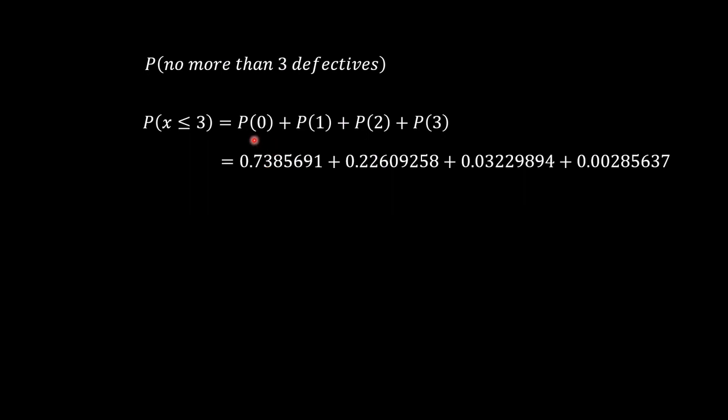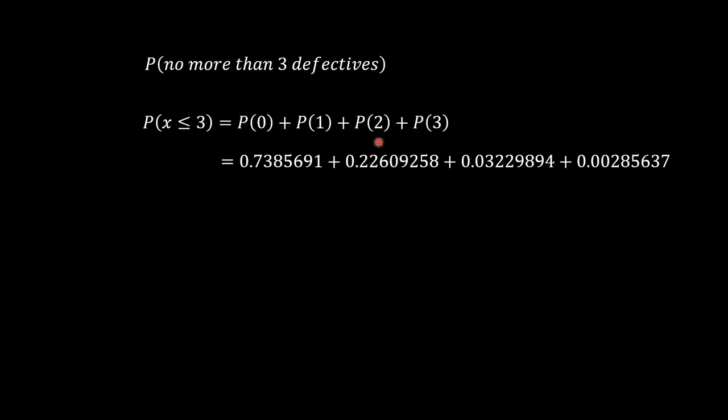The probability when x is 0 is 0.7385691. The probability when x is 1 is 0.22609258.